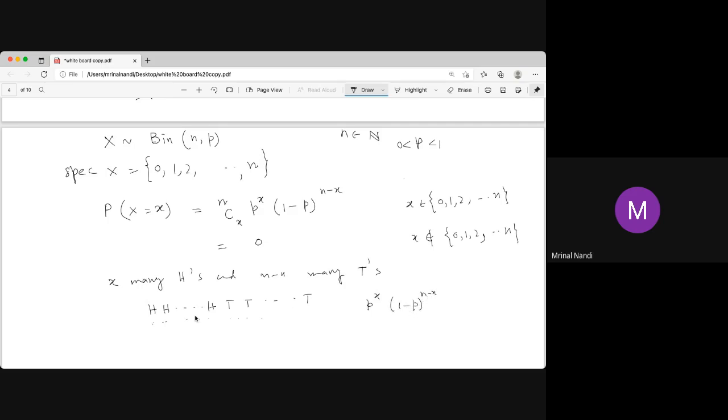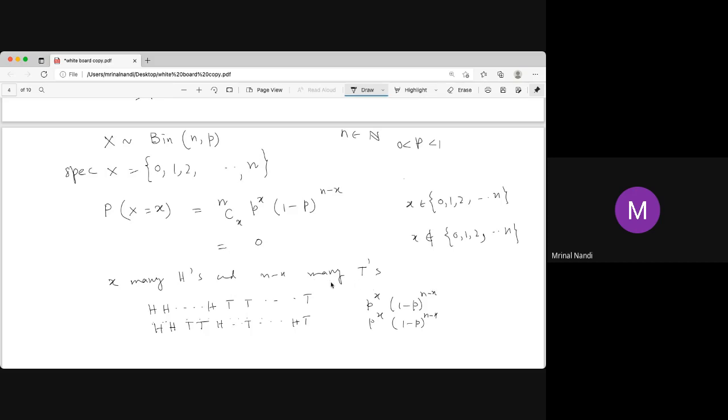Now this is not the only choice. You have several choices. Something like head, then tail, head, or tail, head, tail. Then also the probability is the same. Now how many arrangements are there? There are x heads and n minus x tails. So how many ways can we arrange these x heads and n minus x tails?